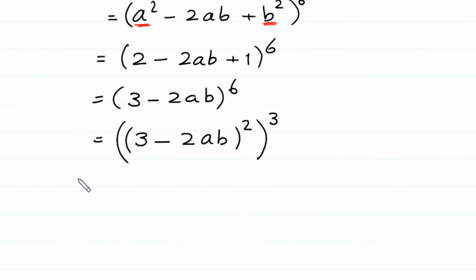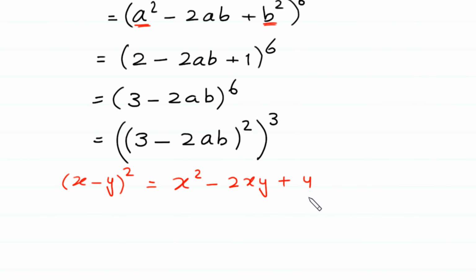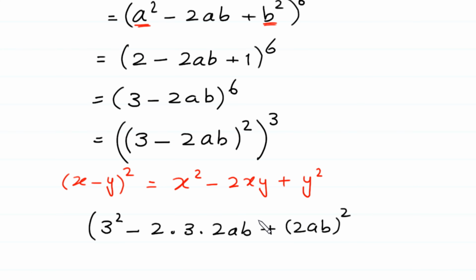Next, according to the algebraic identity, (x minus y) whole square is equal to x square minus 2xy plus y square. This (3 minus 2ab) whole square is equal to 3 square minus 2 times 3 times 2ab plus (2ab) square, and whole to the power 3.